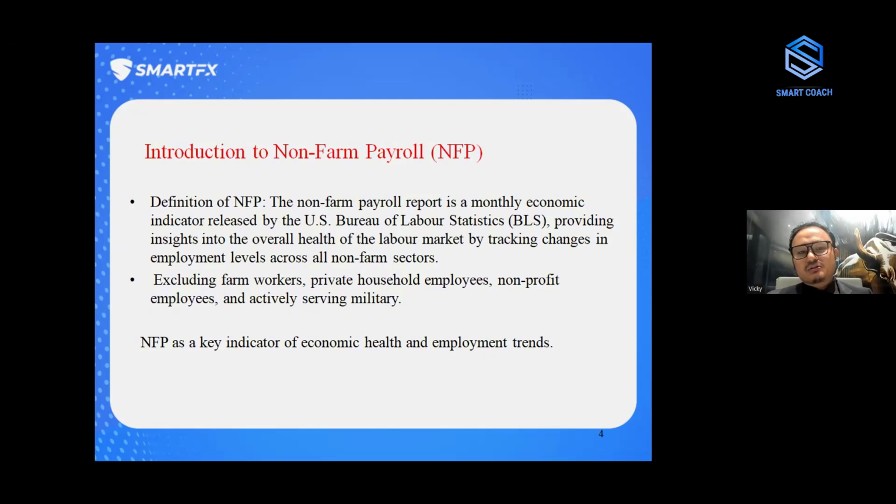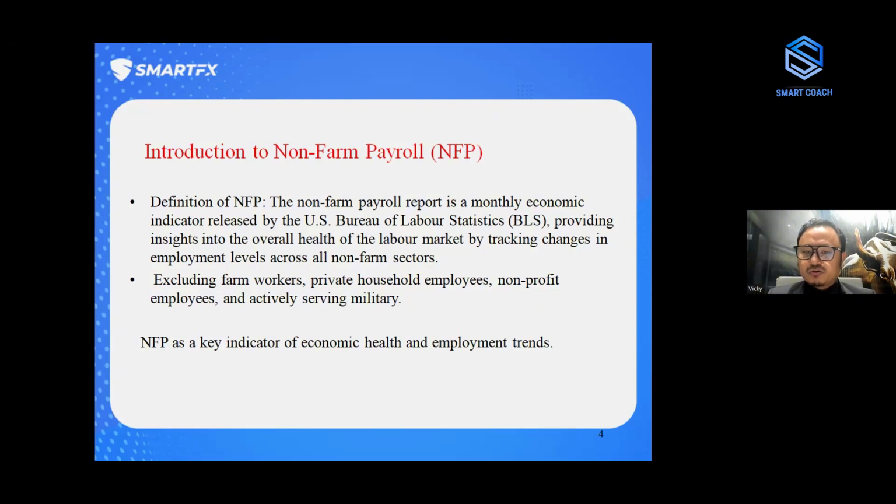So let me explain this briefly, what exactly it is. Basically, NFP is the most important economic data released in the world, watched by everyone in the world. NFP data shows the number of jobs added or taken away from the economy in the previous month. For example, you can find it on Forex Factory.